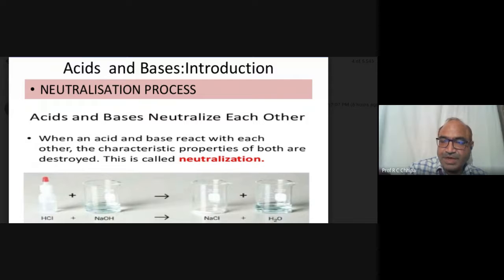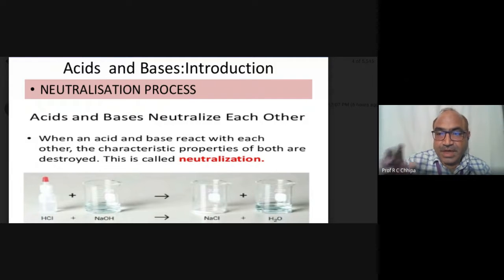So that can produce the relevant ions. Similarly here, one more thing is there, H2SO4. Two H positives are released. So here we can say the number of hydrogen cations is more in case of the sulfuric acid, whereas in case of the hydrochloric acid, only one H positive is released.